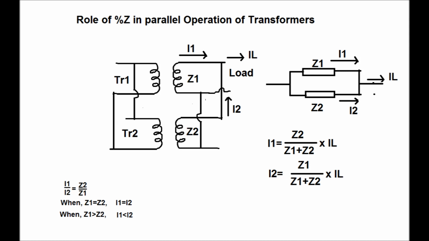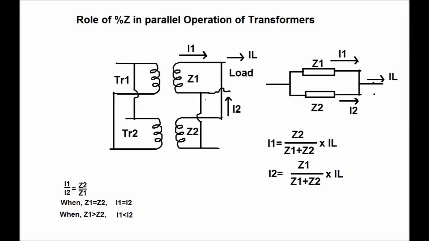The load sharing of a transformer is directly proportional to its MVA or kVA capacity and inversely proportional to its percentage impedance. That is, if two transformers are running in parallel, the transformer which has the lower percentage impedance will cater more load compared to the other transformer.